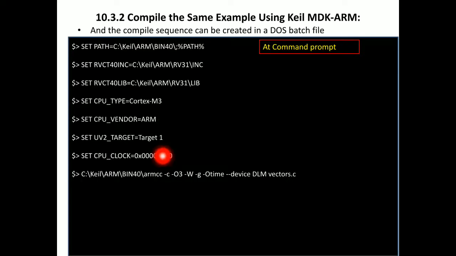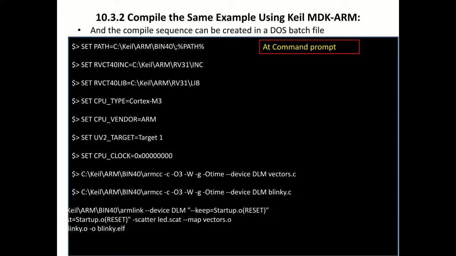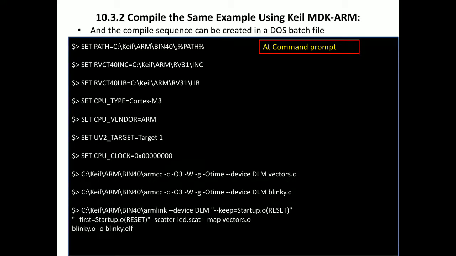Give the compiler command armcc -c and the name of the file to compile. Then the same command for blinky.c, and the command for armlink also. The input should be the .o files of blinky and vectors.